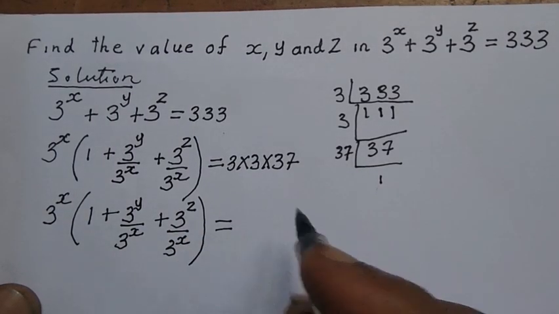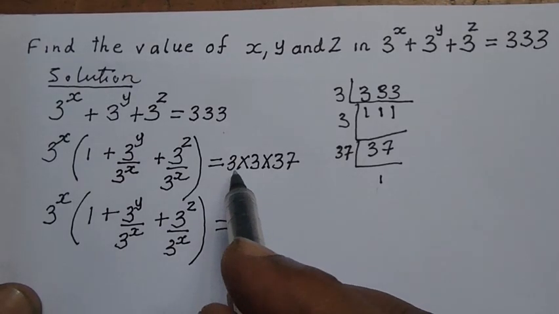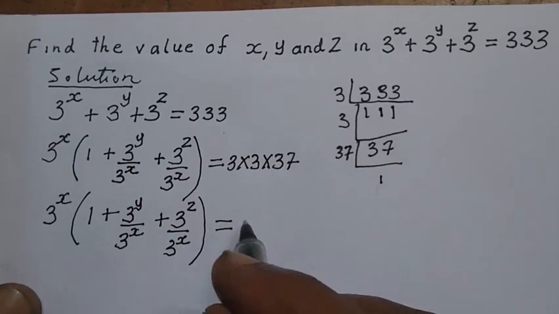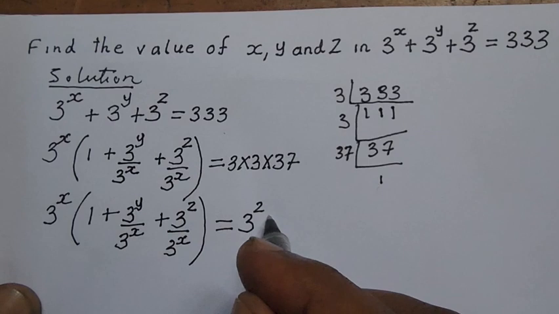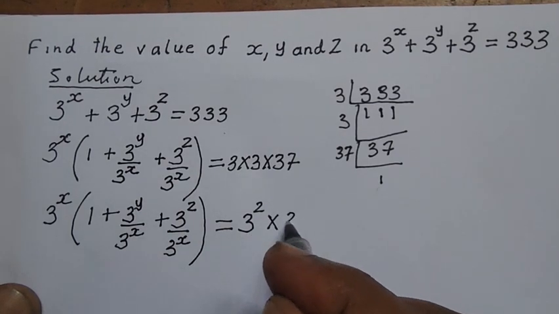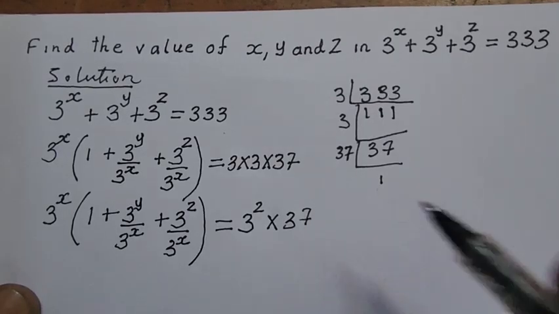This is equals to, we know 3 times 3, this is the same as to write 3 raised to power 2 times 37.